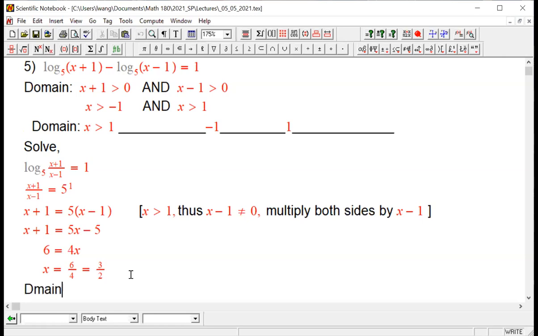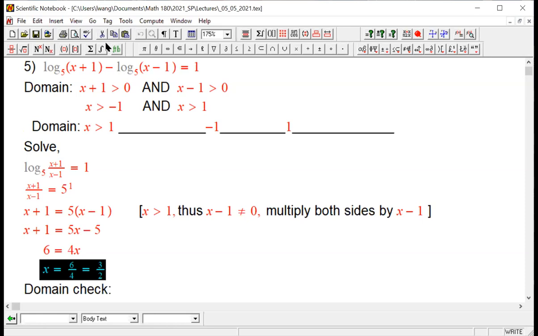Okay, domain check. Is 3/2 larger than 1? Yes, 3/2 is larger than 1.